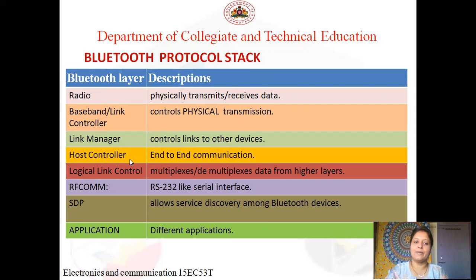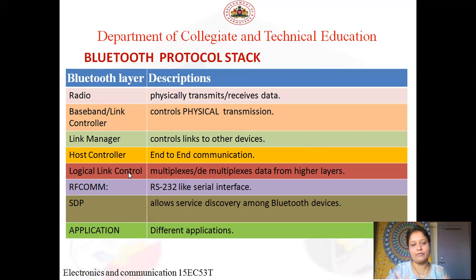The host controller's main job is end-to-end communication. It will take care that whatever data is transmitted from device A reaches device B. Therefore, from end to end up to the application layer, the signal is reaching. The host controller takes care of that. Next is the logical link controller.